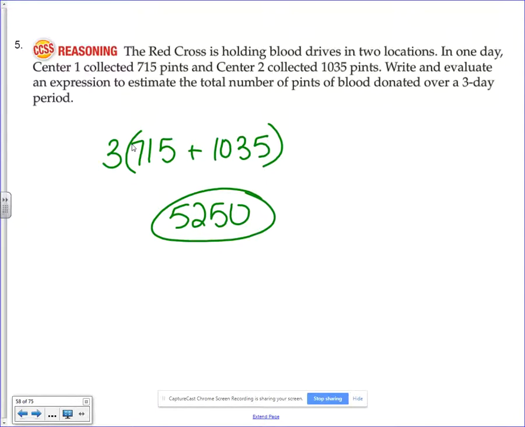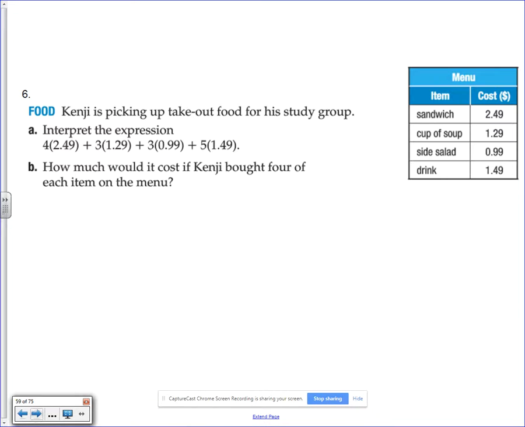Okay, next. Kenji is picking up takeout food for his study group. Interpret the expression. So make an educated guess on what that expression means. What do you think? I don't need to know what it equals. I need to know what it means. That is going to be his total cost, correct?